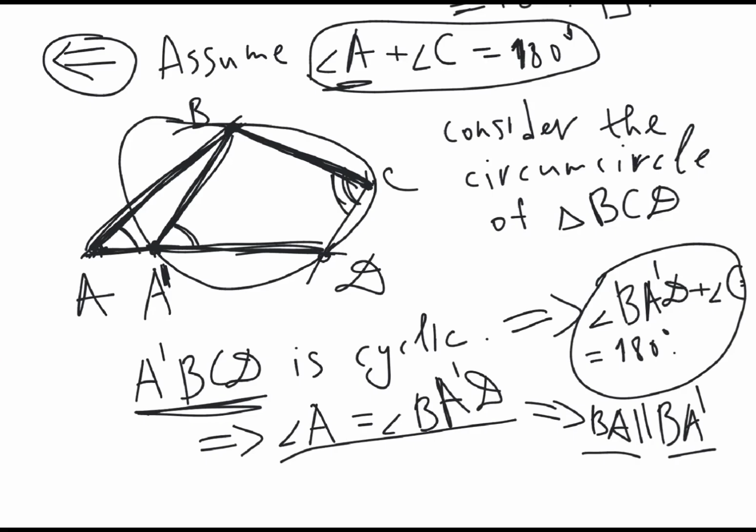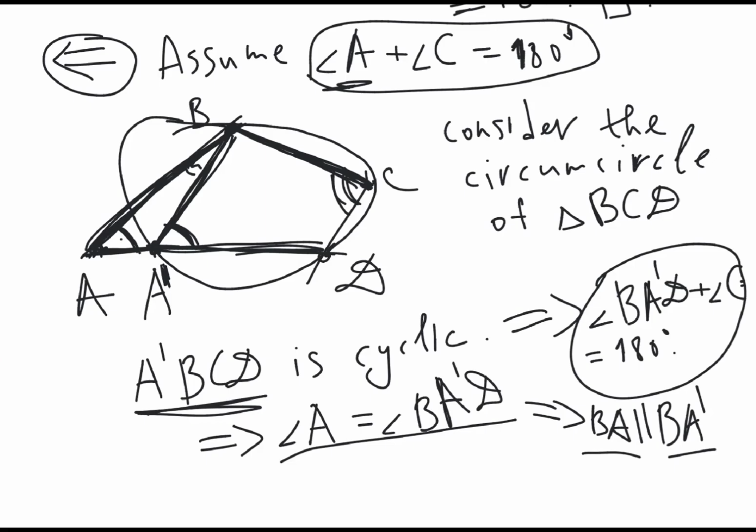It must be the same line. Or another way to prove it is that BA prime D is an external angle in the triangle, and an external angle must be equal to the sum of the two other angles, so it would be angle A plus angle B plus this one.